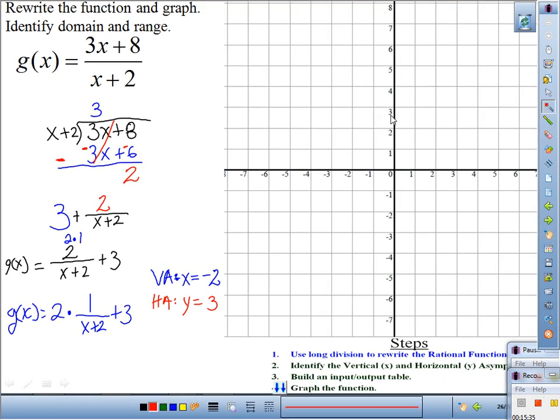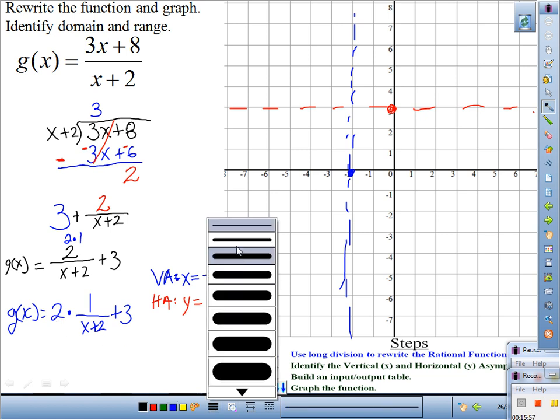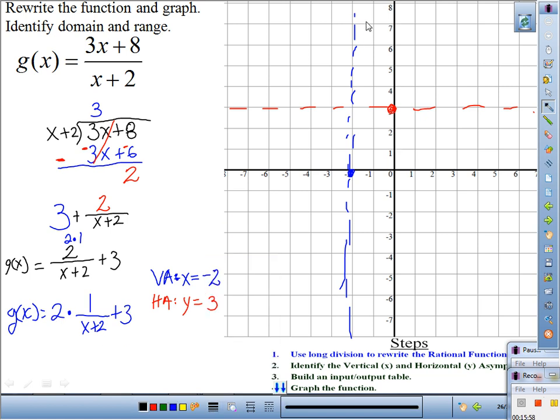So 3 on y, it's right there, and x is -2, going to -2 on x, which is here. All right. Now, does this have a negative in the front? No, so that means it's right here. This is a regular function.